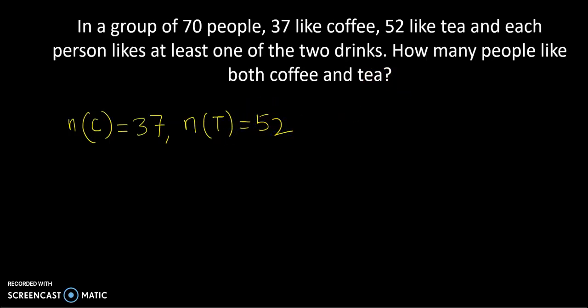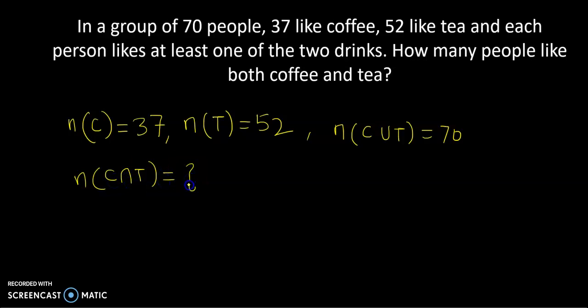And another piece of information given to you is that in a group of 70 people, the number of people liking coffee or tea is 70. So how many people like both coffee and tea? I simply have to find out both coffee and tea. That is exactly what I want to find out, and I hope you can solve it further.